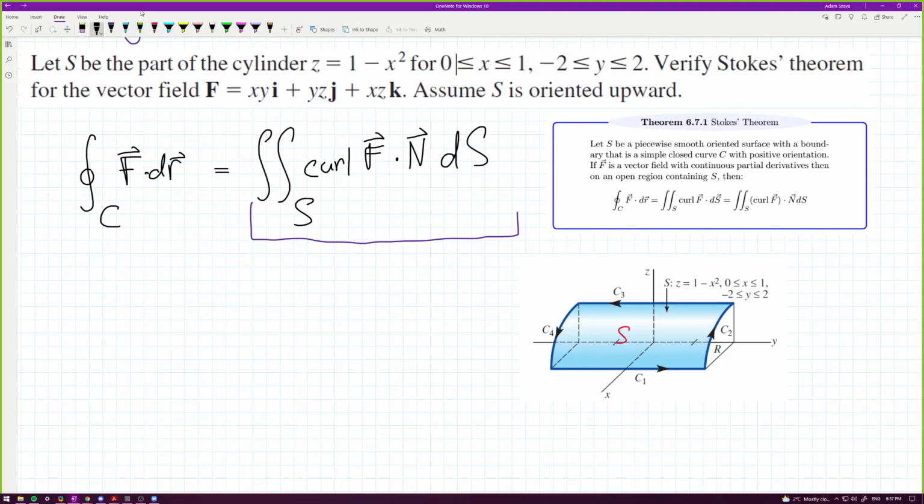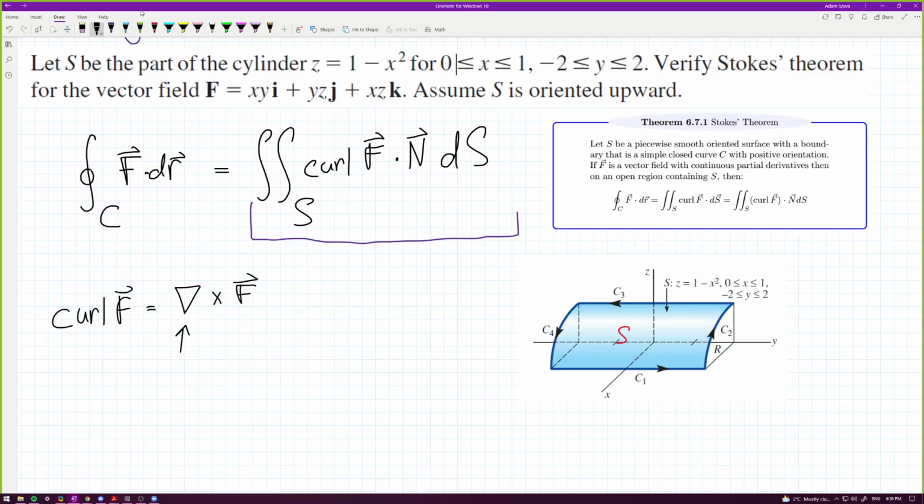So I need to, first of all, determine the curl of f, and I also need to determine the normal. Let's do the curl first. So the curl of f is, well, this is how you do it. You take nabla, or the gradient, cross f.